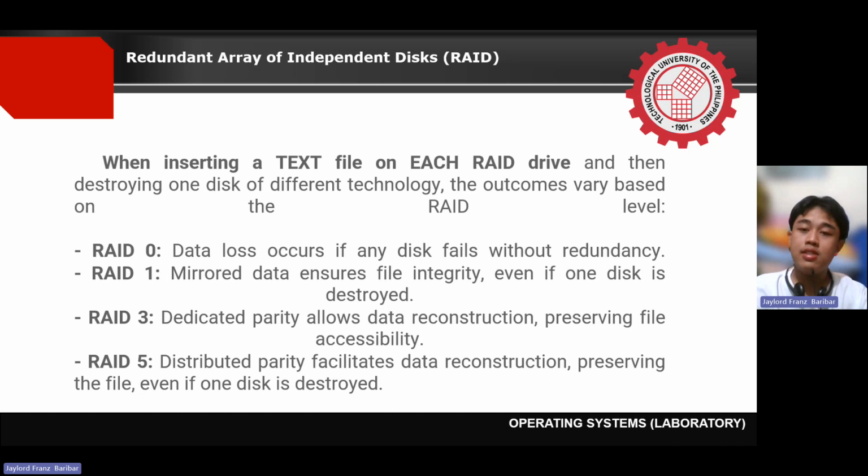For RAID 1, since it is mirrored data, even if one disk goes down, your file stays safe and sound. For RAID 3, thanks to dedicated parity, your data can be reconstructed, keeping your files accessible. And finally, for RAID 5, even if one disk takes a nosedive, the distributed parity kicks in, saving the day and preserving your precious files.